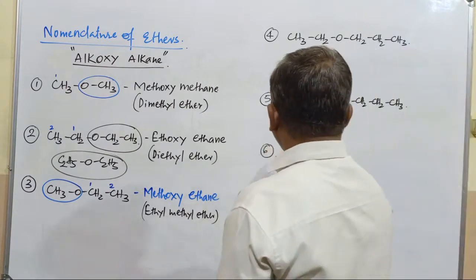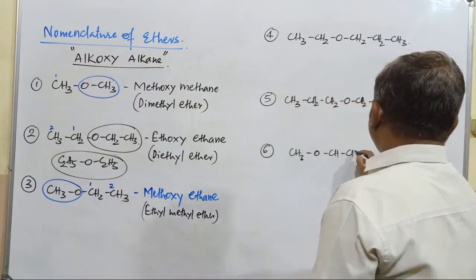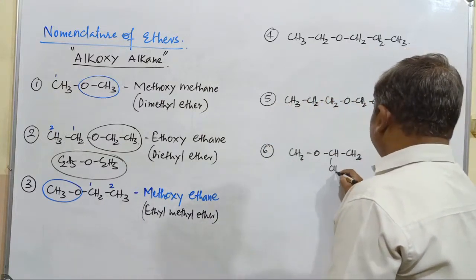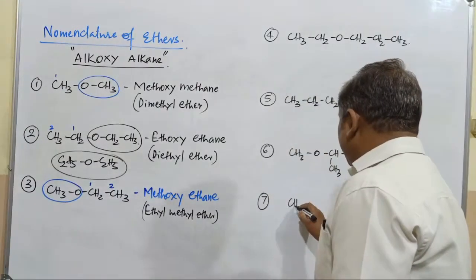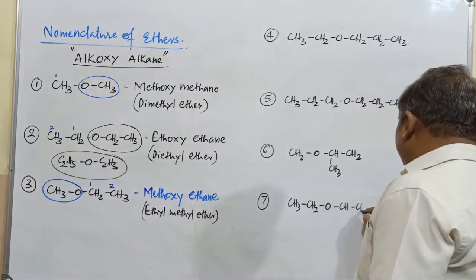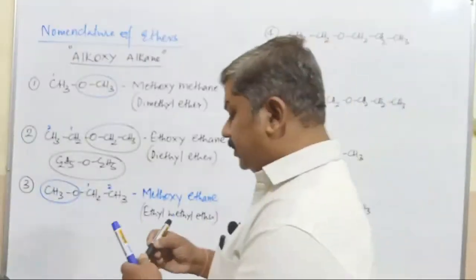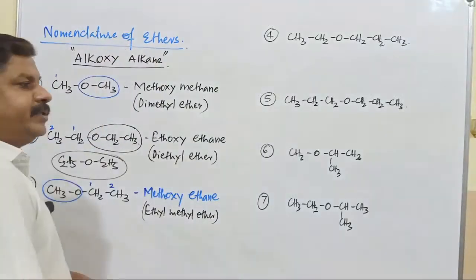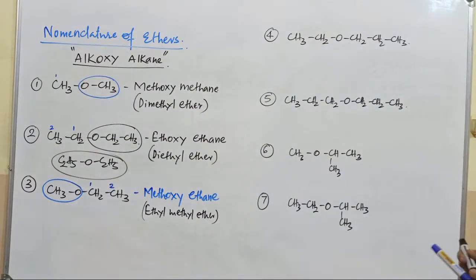Next one CH3, O, CH, CH3, this is CH3. Next one CH3, CH2, O, CH, CH3, this is CH3. What are the names of those compounds? If not the common name, at least the IUPAC name you must be able to write.